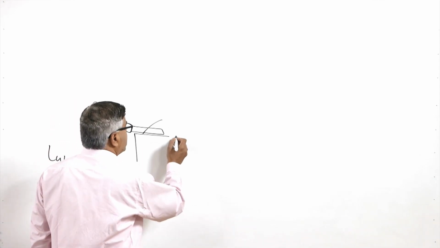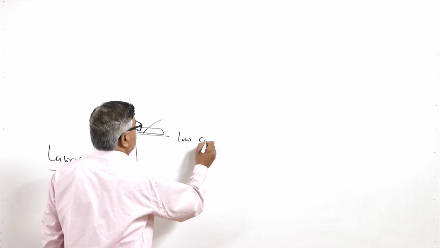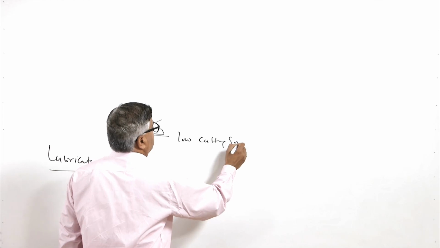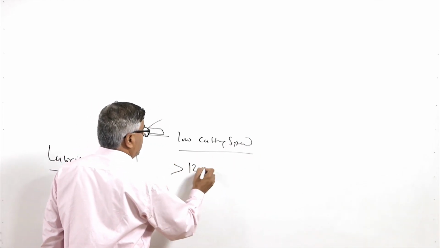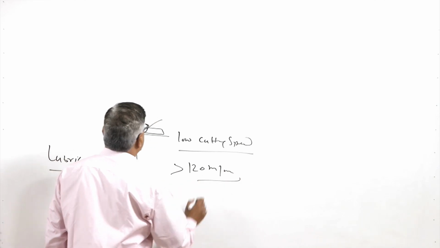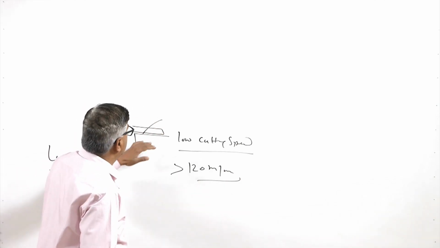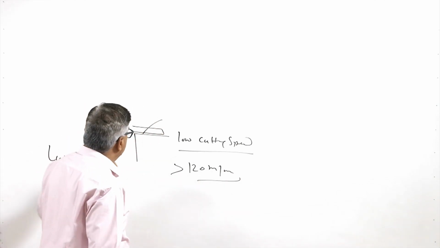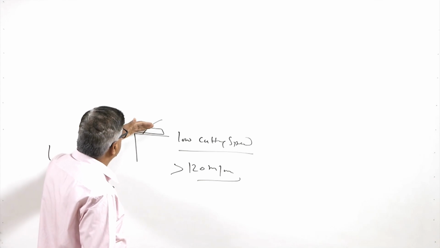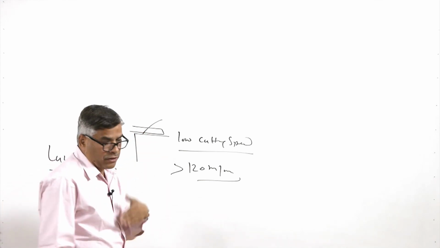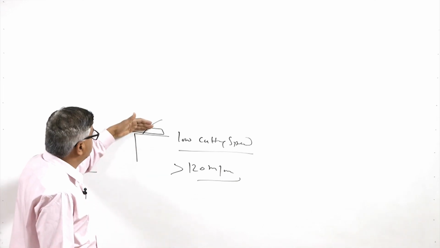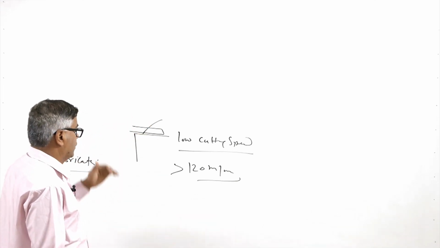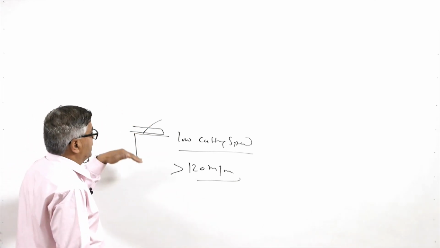But this is possible under low cutting speed conditions. If the cutting speed is high, like above 120 meters per minute, the speed becomes so high that the cutting fluid cannot reach the chip tool interface. So, it cannot form the compounds which will be able to separate the chip from the tool, or avoid metal to metal contact.